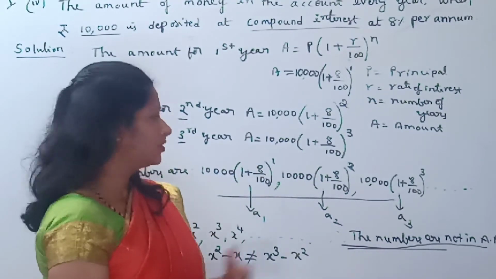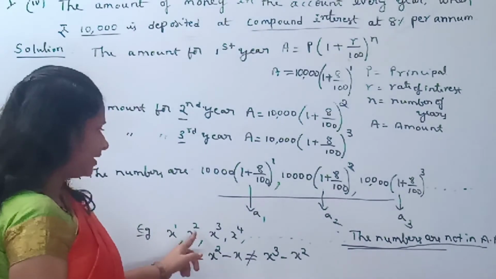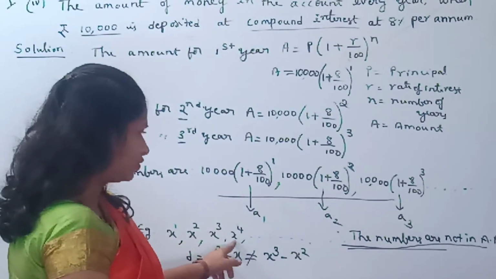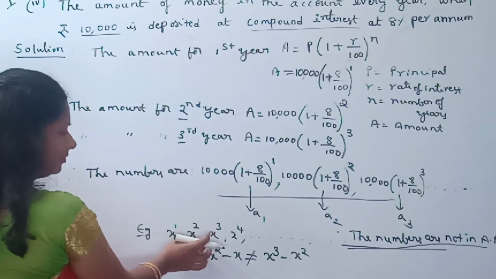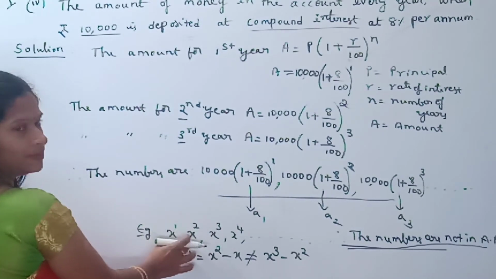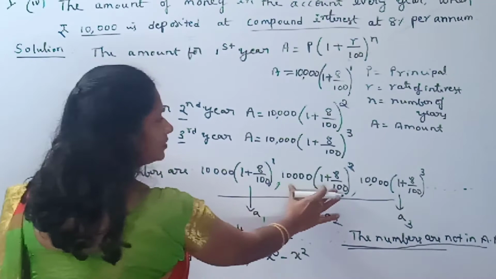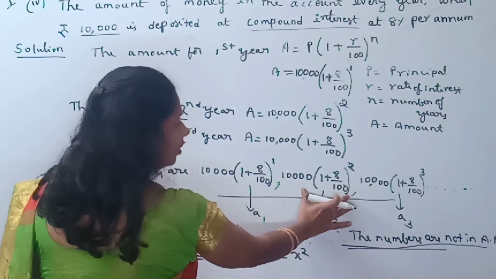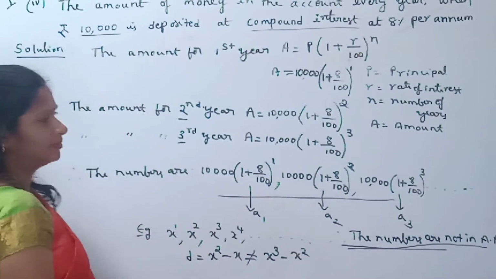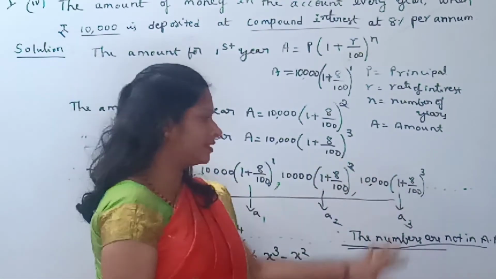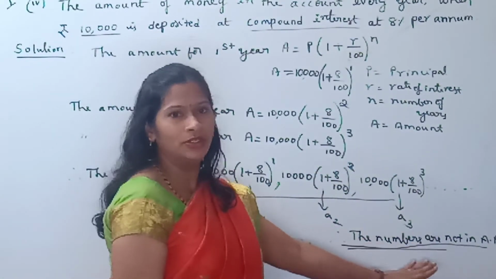Is it clear? So here x to the power 2, x to the power 3, x to the power 4. In this case we are not getting each term by adding a fixed number to its preceding term. In this case also the succeeding term is not obtained by adding a fixed number to its preceding term. So you should write that this list of numbers is not in AP.